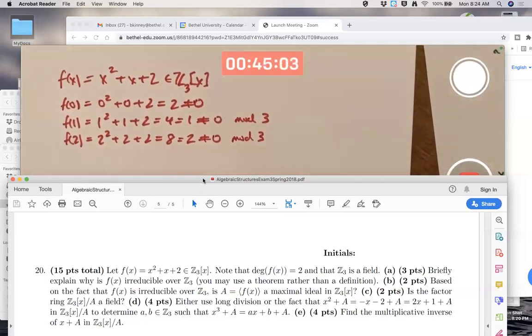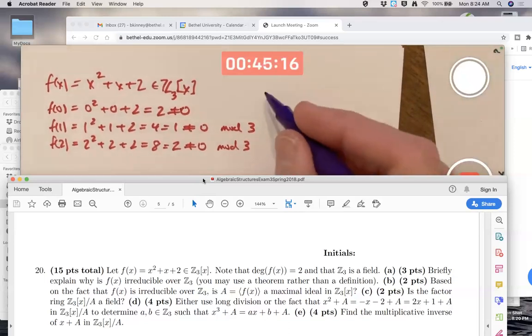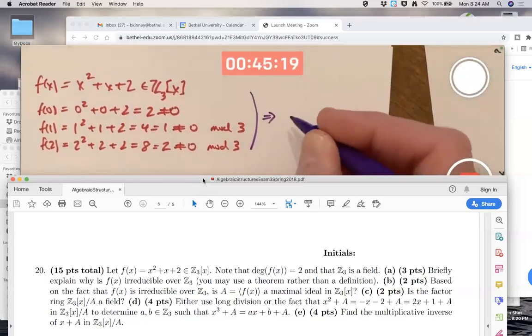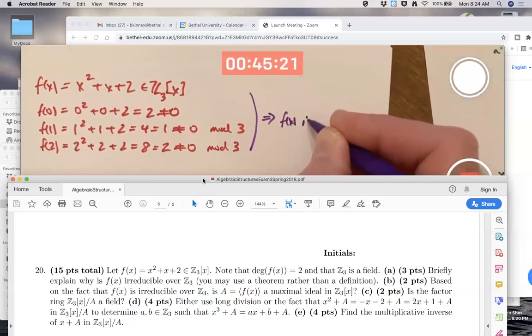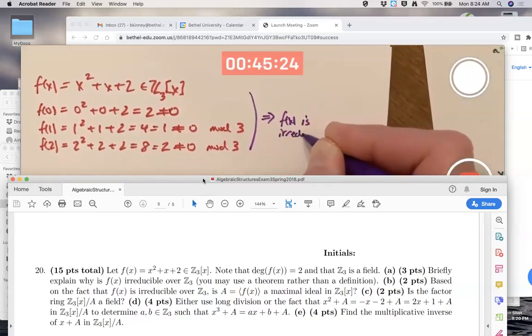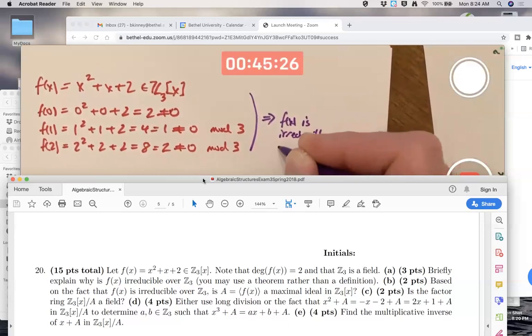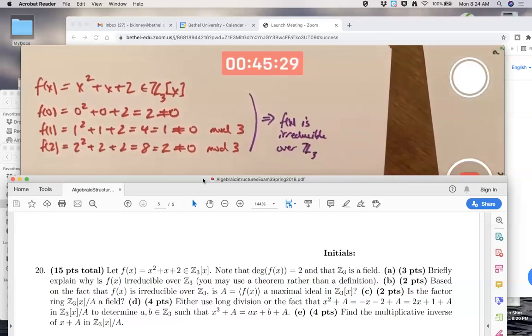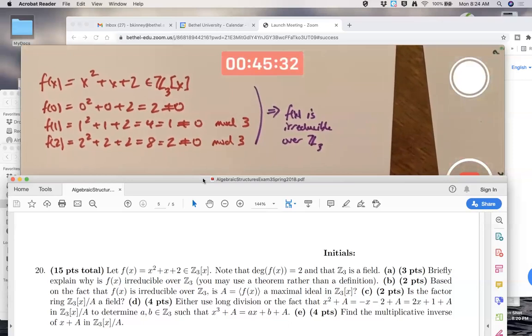And those are the only things we need to check because those are the only elements of Z3: 0, 1, and 2. And so we've done part A. By that theorem, this means f(x) is irreducible over Z3. Okay, so that's not too bad. You got to know that you need to use that theorem.